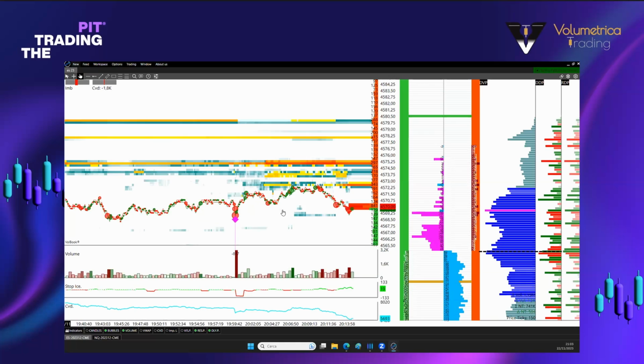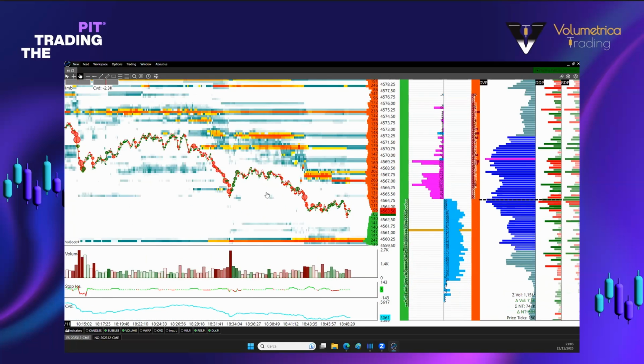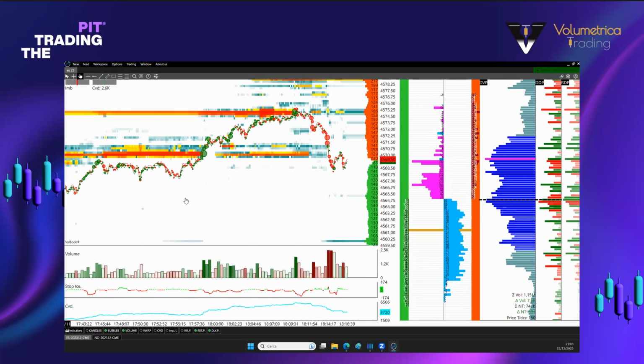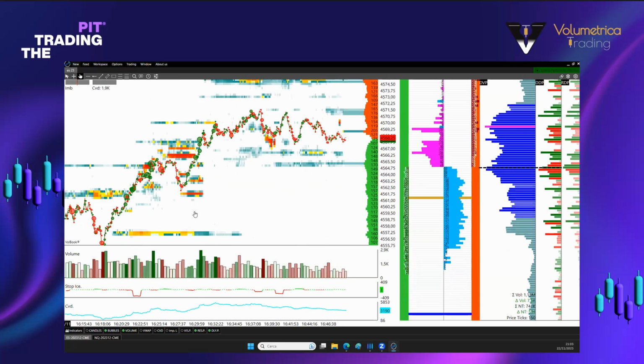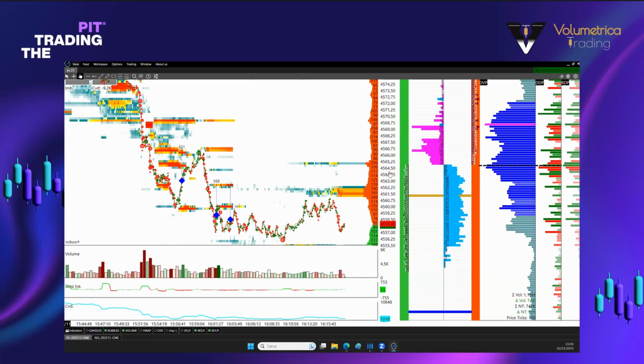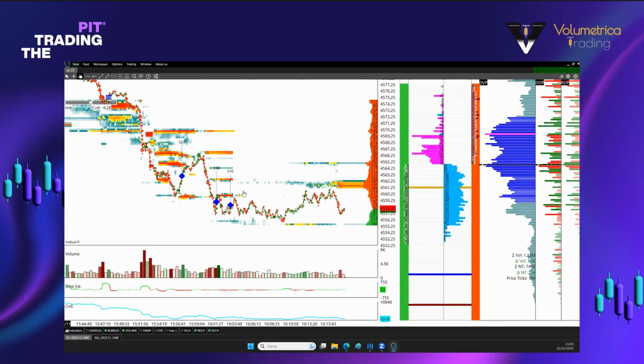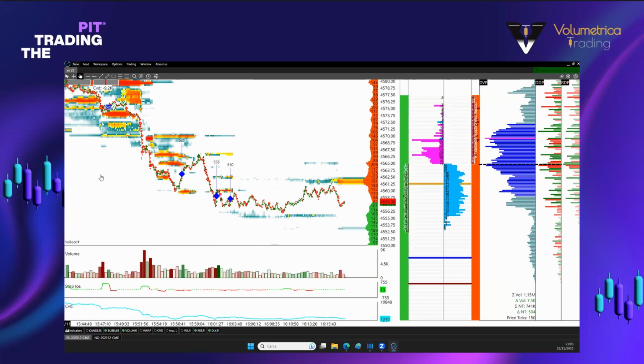Rather than this, when we have instead stop runs occurring not on a specific level as it happened here, it is more likely to be algos activity.